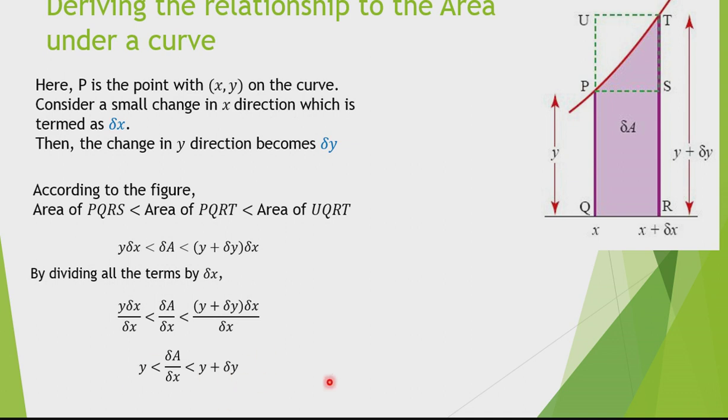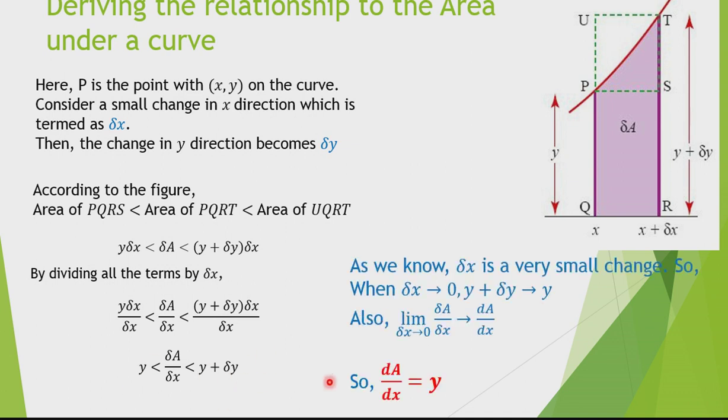So you know that this delta x is a very small amount. If I decrease this delta x amount closer to x, that will be very small. Then at last it will come up to x. Then it will be negligible.